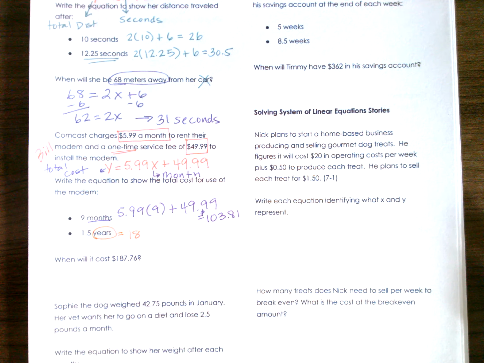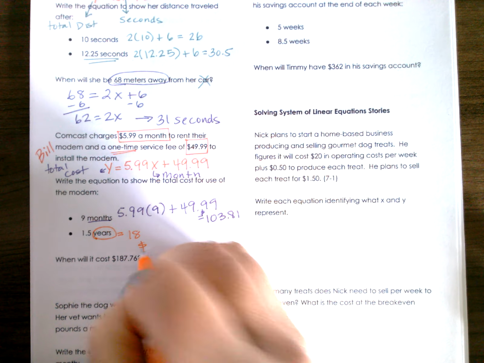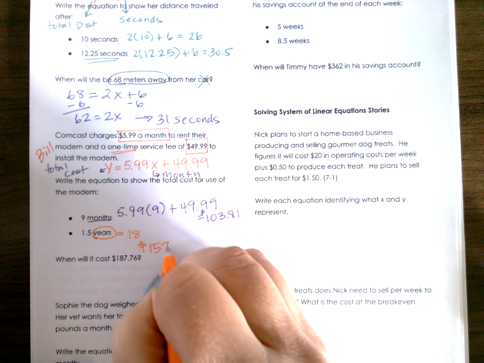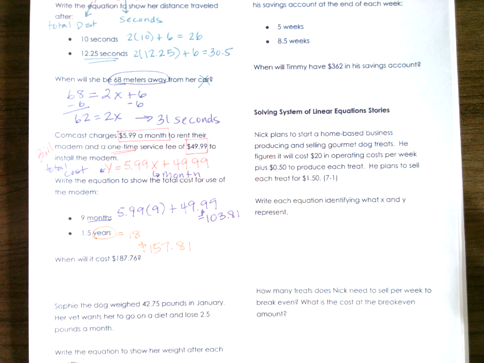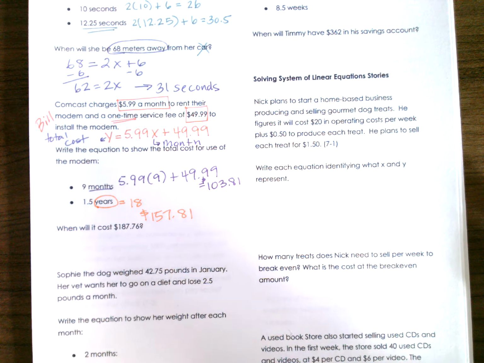So then I would do $5.99 times 18 plus $49.99, and I would get a bill for $157.81. Again, I am going to make it look like money and round to the nearest hundredth.